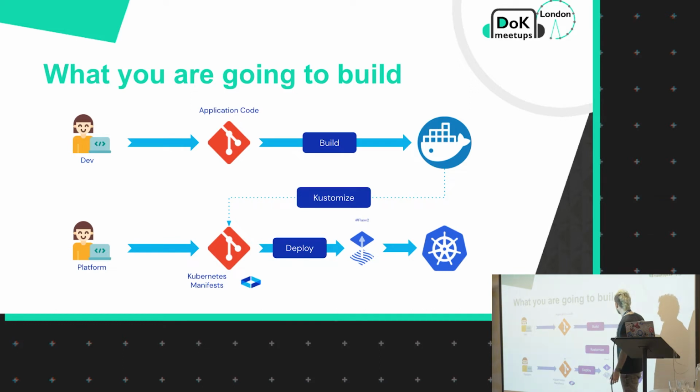And then typically, if you want to deploy it into Kubernetes, you want to create some sort of customization, essentially using the Docker or the container image and replacing it in the appropriate location in your Kubernetes manifest. And depending on your environment, if it's prod or dev, you may want to have different values in your Kubernetes manifest.